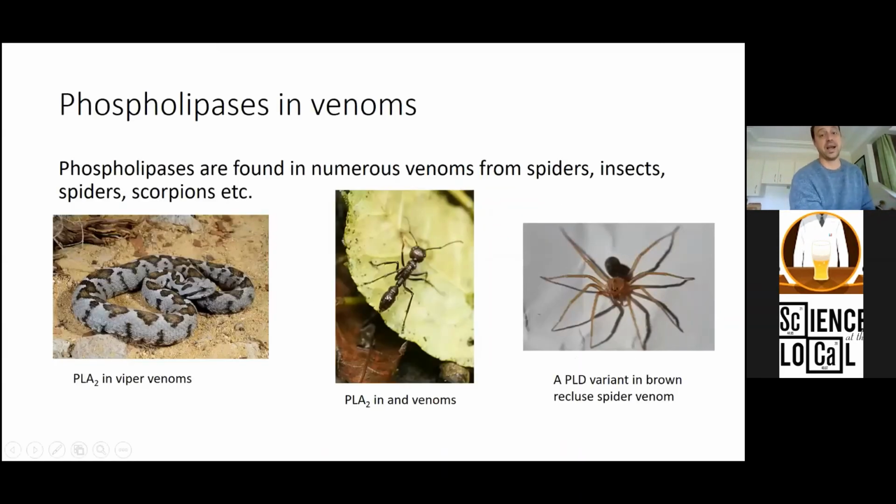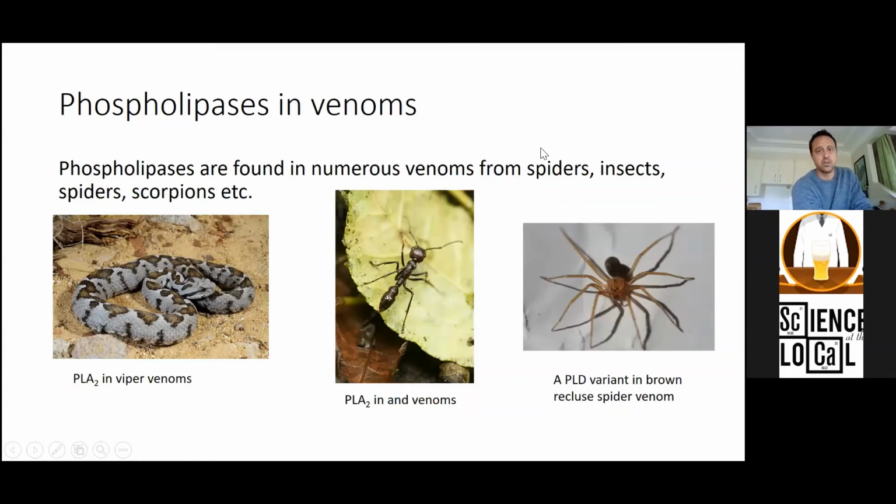Because phospholipases, such as phospholipase A's, are found in venoms of many creatures. So, particularly in snakes, particularly in vipers, you'll get a lot of phospholipase A2. In many ants, in their stings, you get a lot of phospholipase A2. In certain spiders, you get a phospholipase D variant as well.